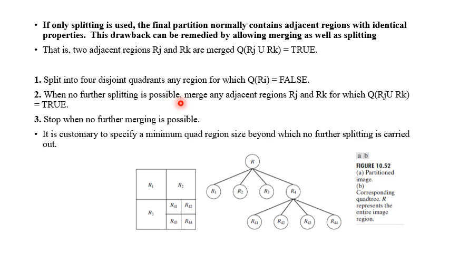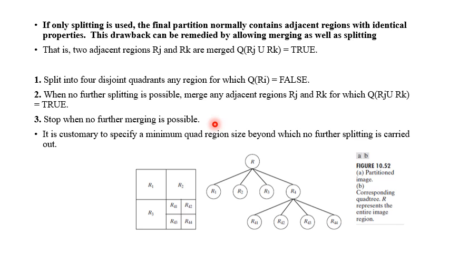Then we merge any two adjacent regions Rk and Rj for which the predicate of the union is true, and stop when no more merging is possible. So actually we start with splitting and finally we go for merging. If the predicate of the union of two adjacent regions gives true, then we can merge them.